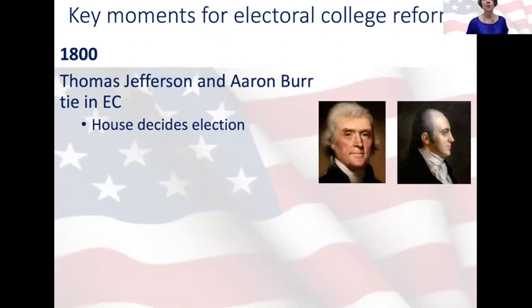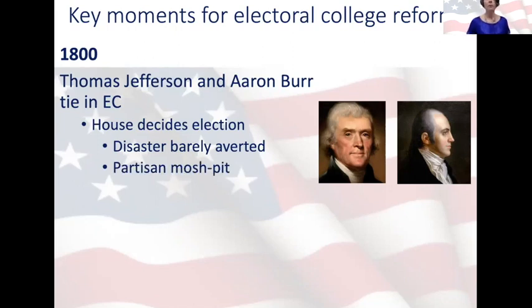Instead of proving to be an easy decision or a straightforward decision to select the president, the House remained deadlocked, and this is in mid-February, remained deadlocked for days and weeks, and does not actually determine that Thomas Jefferson will become president until only 3 weeks before John Adams would cease being president. We had a constitutional crisis on our hands, and it was barely averted only because of a partisan mosh pit.